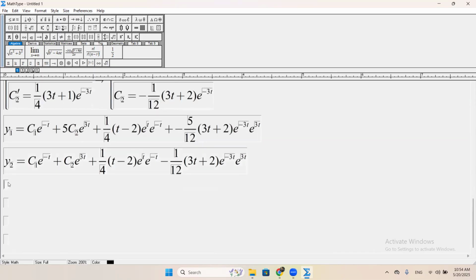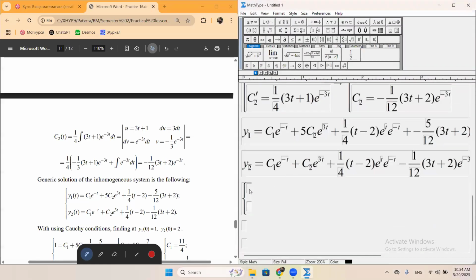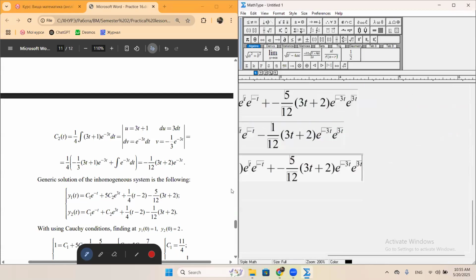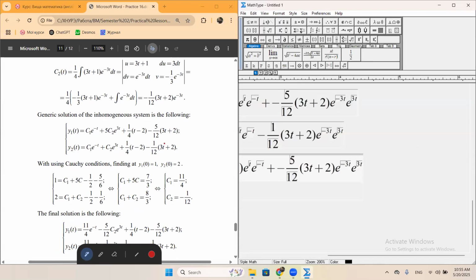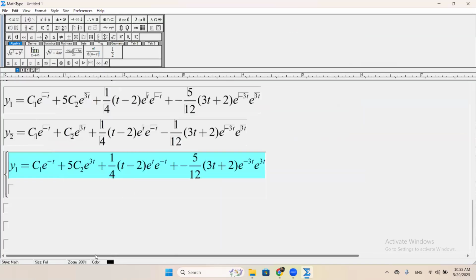So after simplifying, we will receive the following general solution. So y1. Yeah, so brackets were not expanded. So here we just substituted. Okay, let's erase e here.